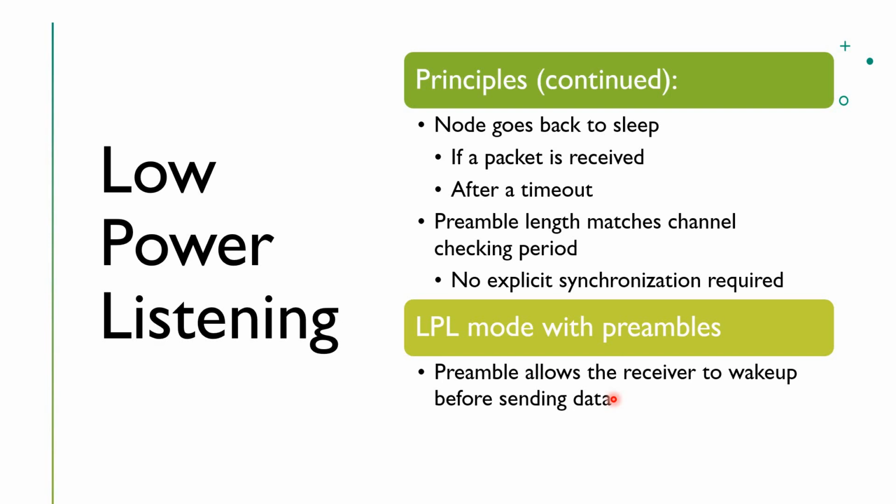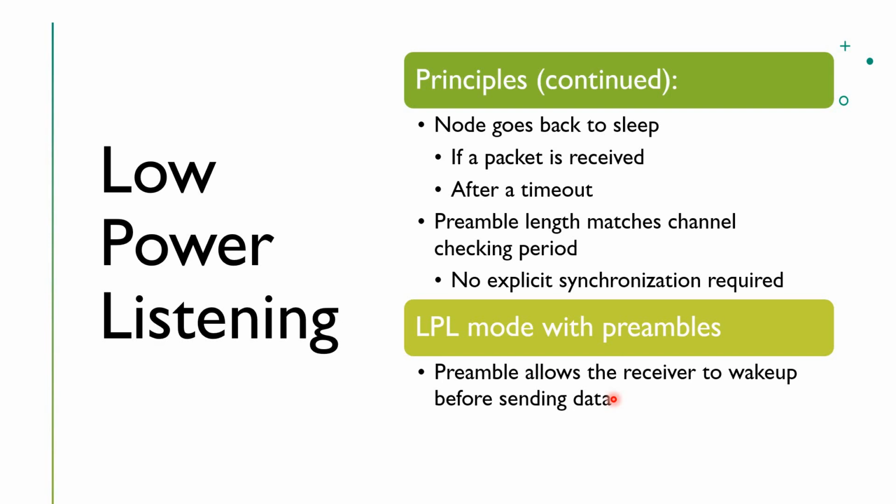So why does this come? Because if you remember, you can only check whether the channel is busy or not, but you do not know whether any packet is intended for you or not. So in this scenario, the preamble is used to understand whether any packet is intended for you, and the preamble is also used to synchronize.